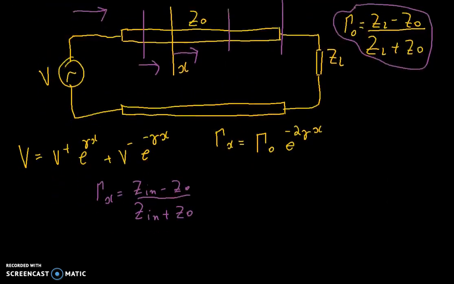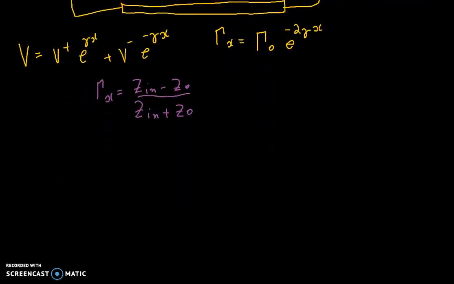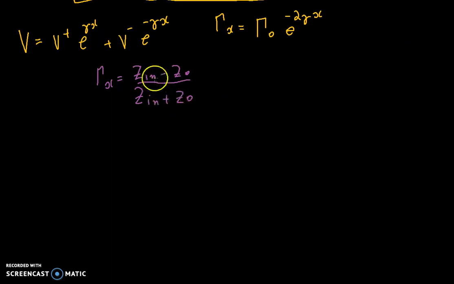So all we have to do is solve for Zin, and we'll have the impedance at that point.